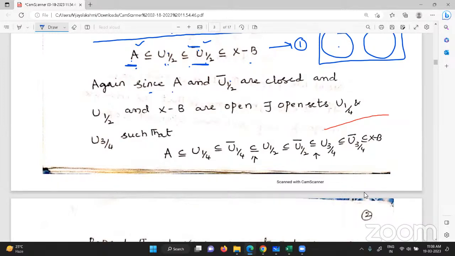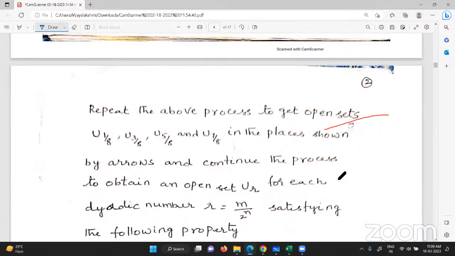Since A and U half bar are closed and U1 by 2 and X minus B are open, again there exist open sets U1 by 4 and U3 by 4 such that A is a subset of U1 by 4, subset of U1 by 4 bar, subset of U1 by 2, which is a subset of U1 by 2 bar, subset of U3 by 4, U3 by 4 bar, subset of X minus B. Like that, we are going on constructing subsets.